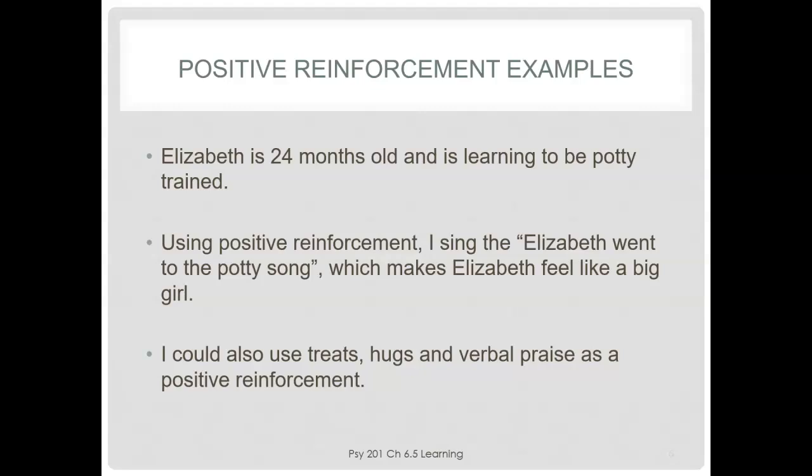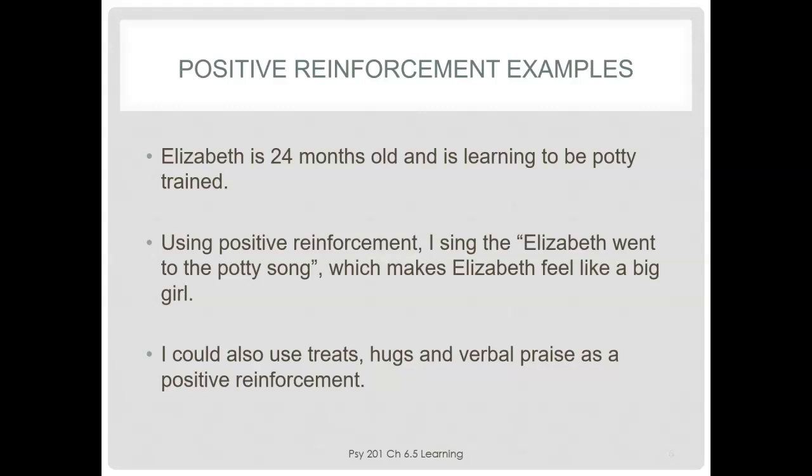So some examples of positive reinforcement. Elizabeth is 24 months old and learning to be potty trained. Using positive reinforcement, I sing the Elizabeth went to the potty song, which makes Elizabeth feel like a big girl. That increases the likelihood that she's going to work to be potty trained again and again and again.